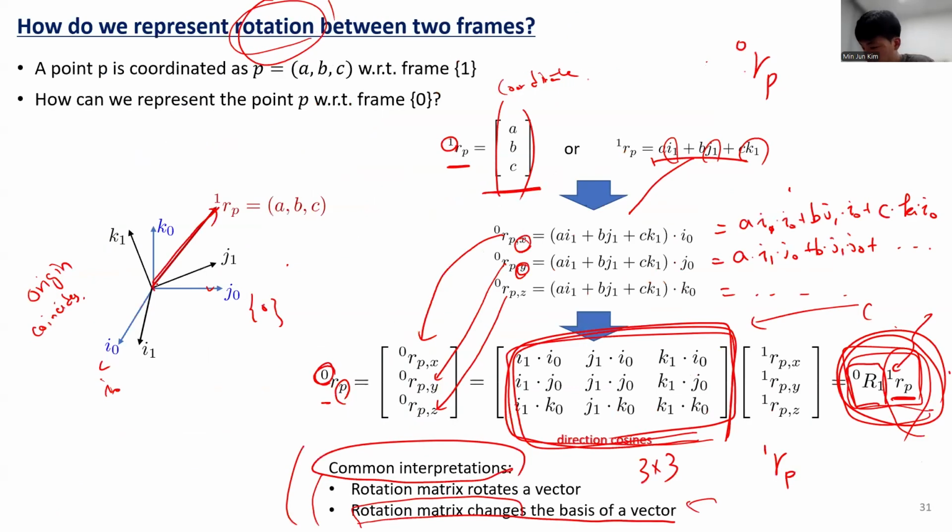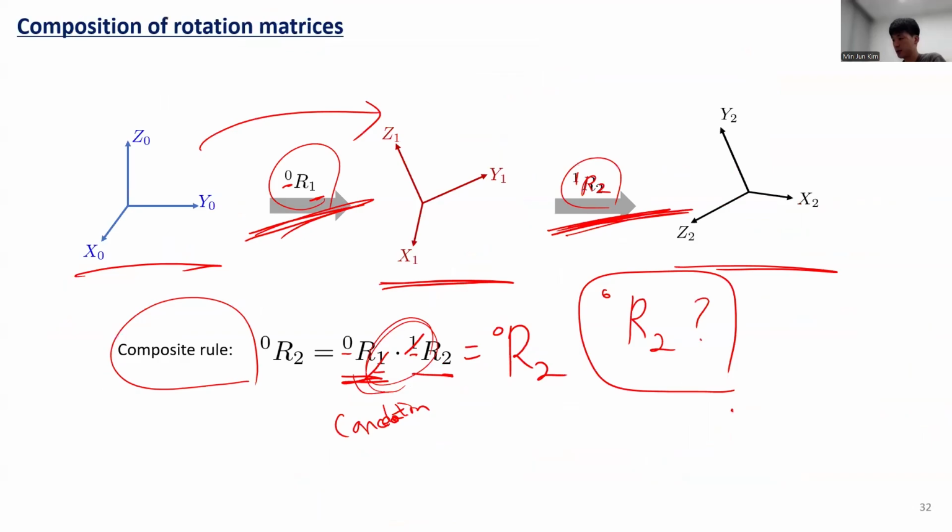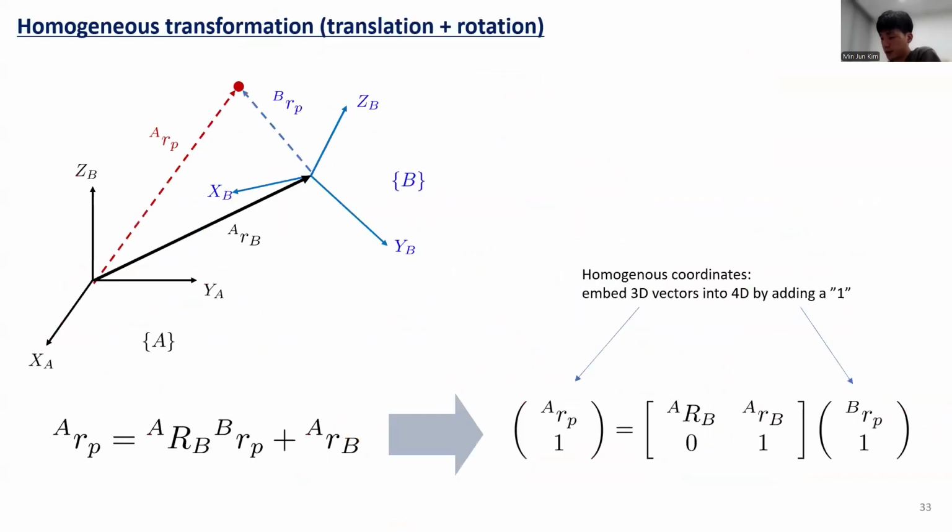In rotation, the origin is the same. That means there's no translation. There's only pure rotation without translation. But here's frame A and frame B, and you can see there's a translation and a rotation at the same time.